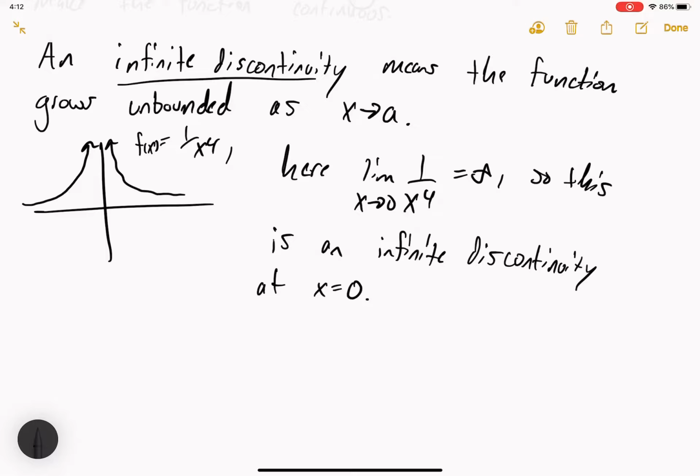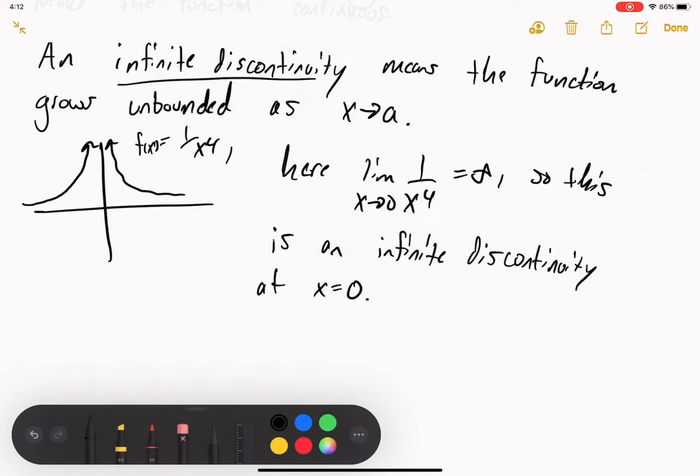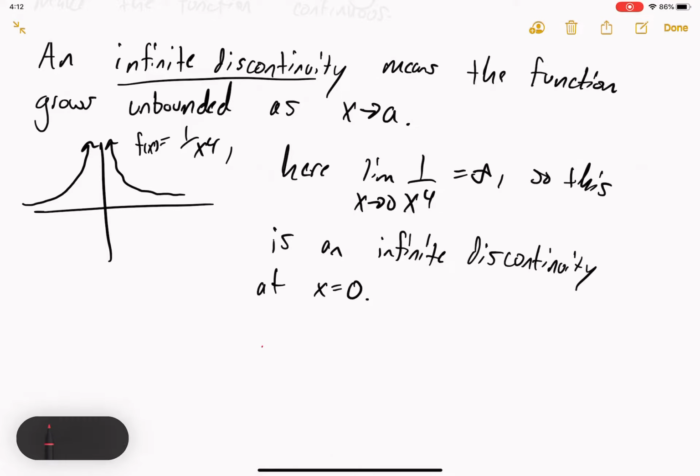All right, I just want to clarify something. The fact that this function is not defined at x equals 0 is fine. We can actually modify this point. If we wanted to, we could just add a little addendum. You could add a point if you wanted.